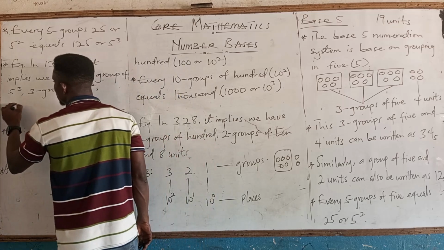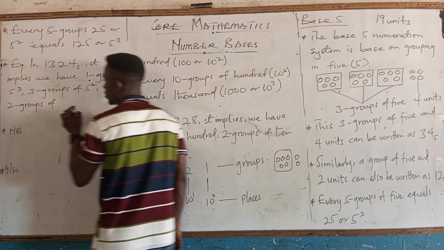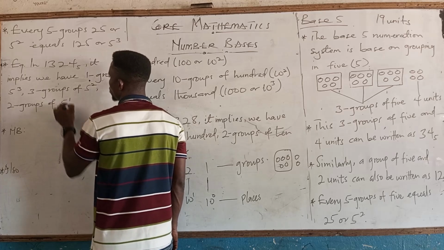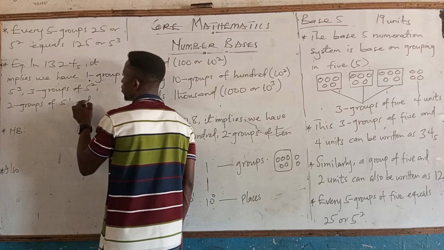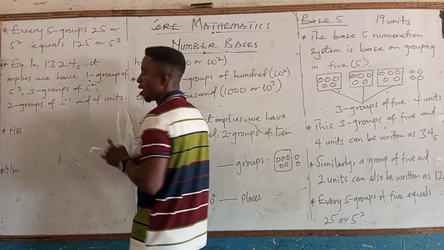Then 2 groups of what? 5 exponent 1. And we have what? 4 units. Are we getting that?